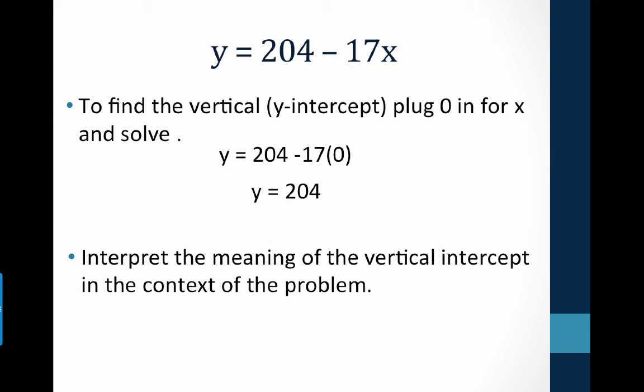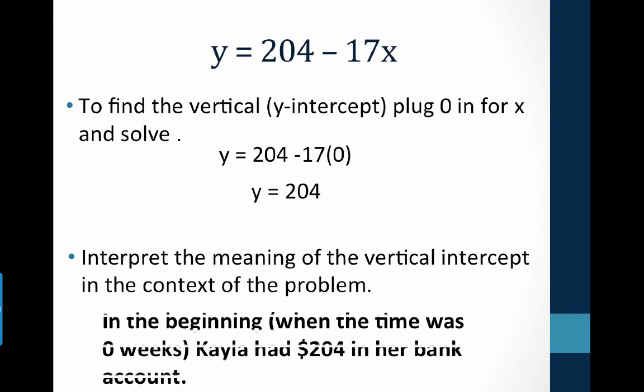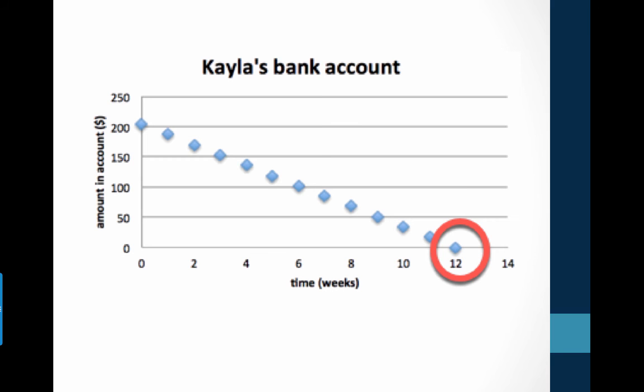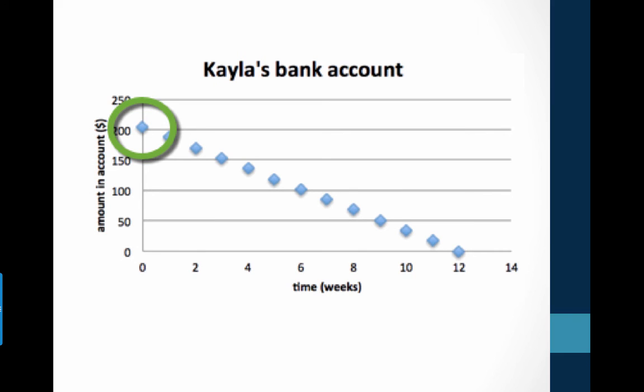So we would say in the beginning, when time was 0 weeks, Kayla had $204 in her bank account. So again, the 12 represents the horizontal intercept, and (0, 204) represents the vertical intercept.